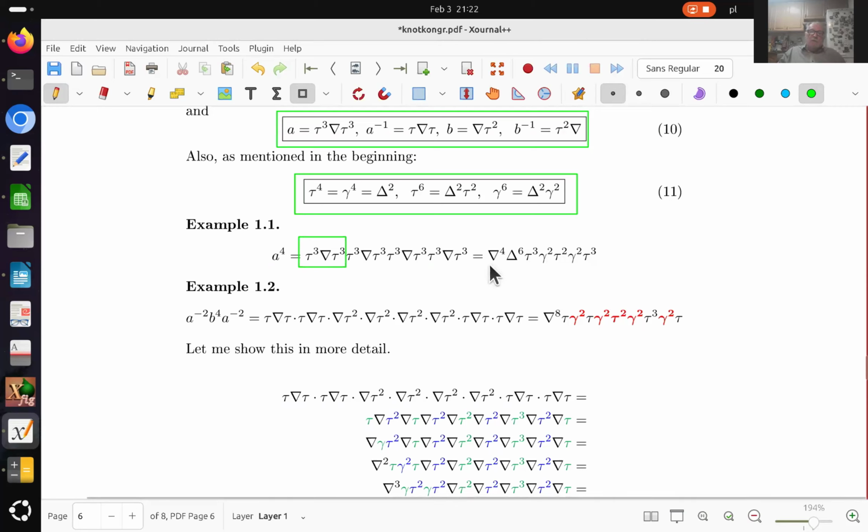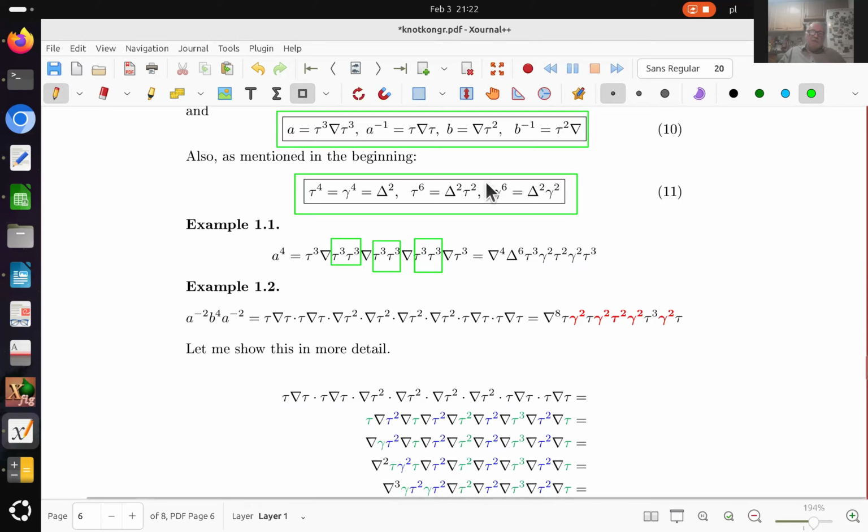You may be surprised that I used nabla to the fourth power times delta to the sixth power because I could cancel. But the reason for that was to stress that this delta to the sixth power is here because of these 3 products.